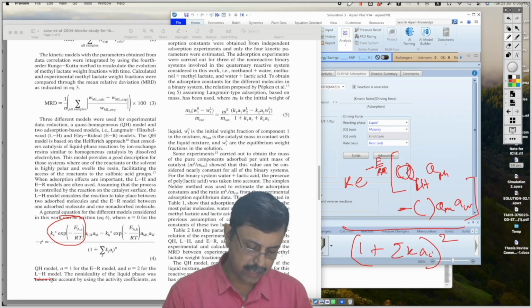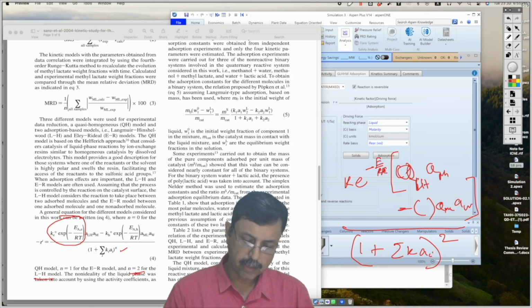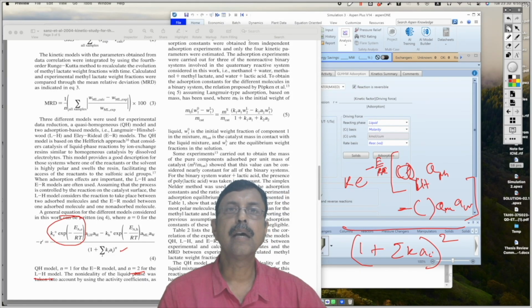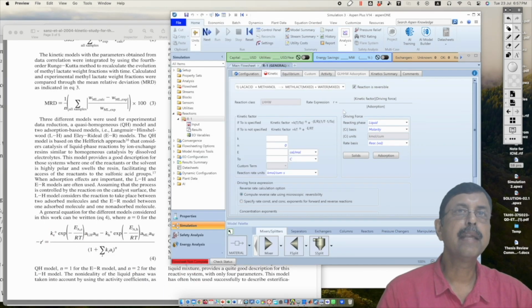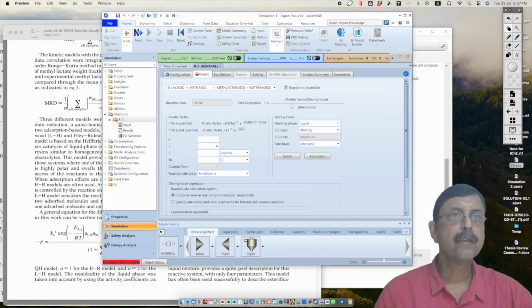Because for the LH or LHHW model, we have n equal to 2. So that is how we can set it with the functionality that we have over here. This is the entire kinetic factor that we have into the driving force.